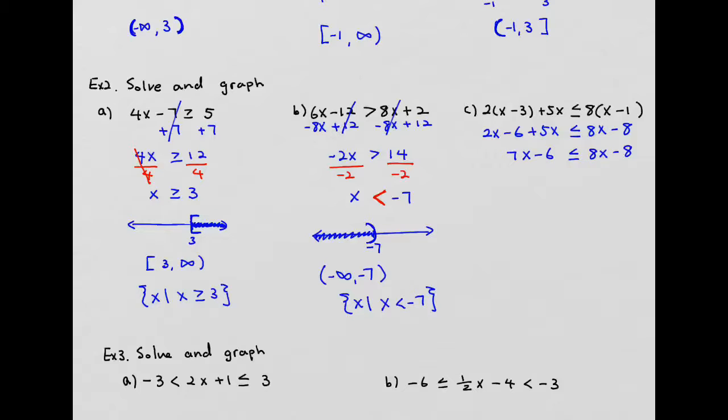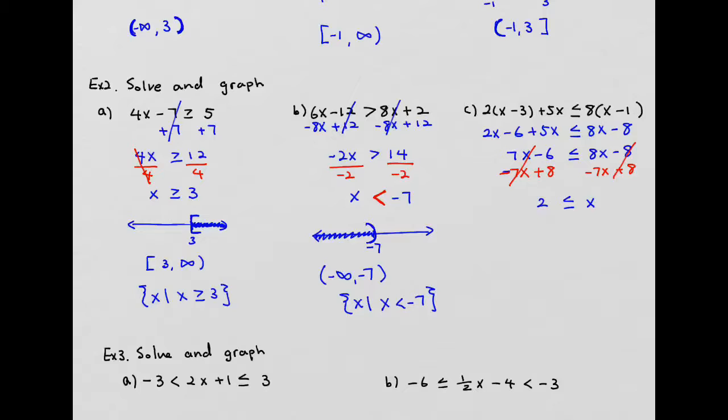So let's see. What you're going to do is you're going to subtract 7x and add 8. So no more variable on the left side, no more number on the right side. And you get, it will be 2 is smaller than or equal to 1x.